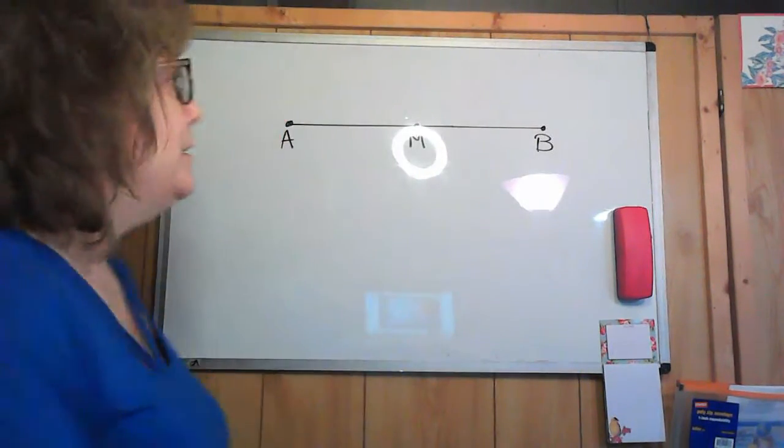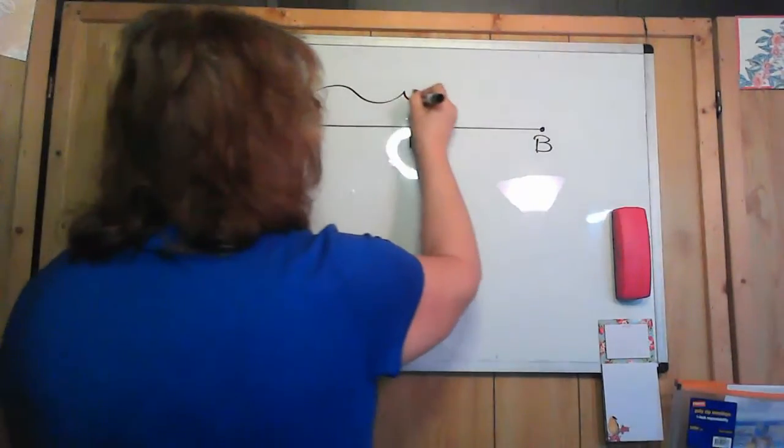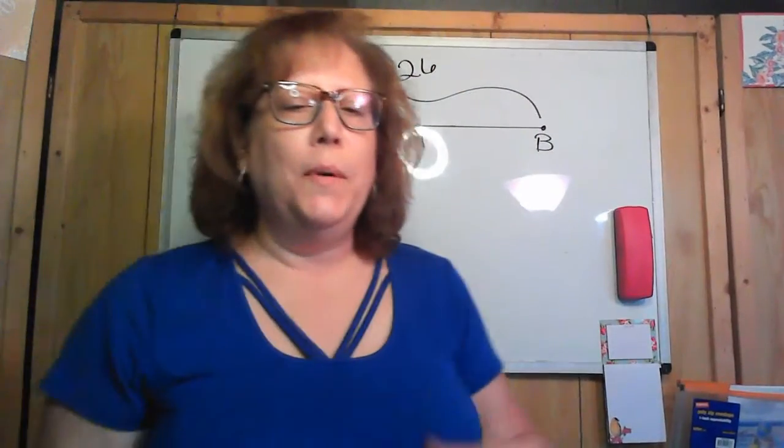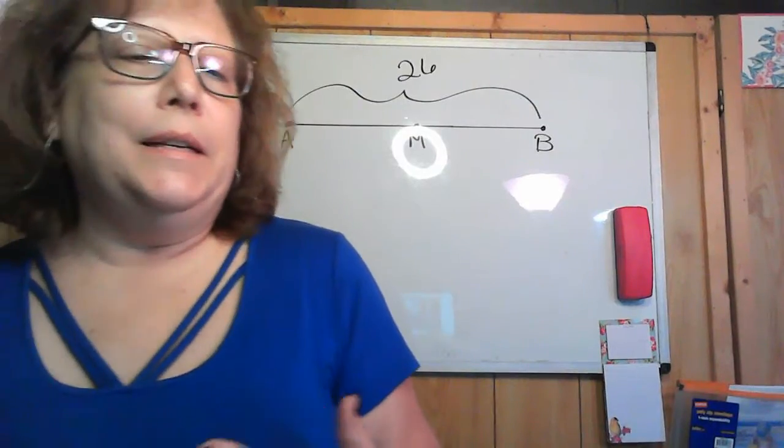So you need to observe every piece of information that comes your way. Now, one piece of information that they give us is that this whole thing equals 26. We don't know if it's 26 inches, 26 centimeters, 26 miles, whatever. It equals 26.